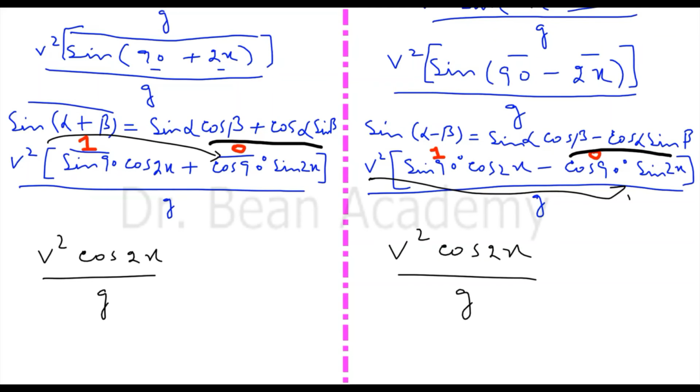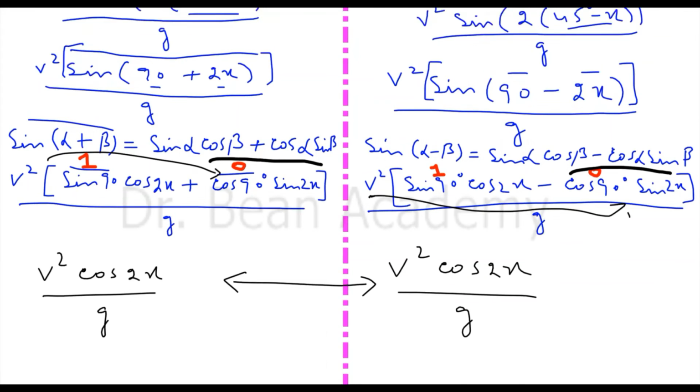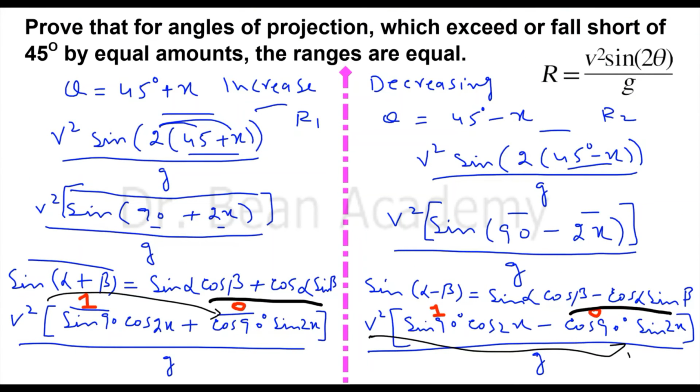Now just see these two expressions. These expressions are from two different situations. On the left side we started with 45 plus x, where x was any angle, and on the right side we started with 45 minus x. So these were two different situations. On the right side we reduce the angle by an amount x, on the left side we increase the angle by an amount x.